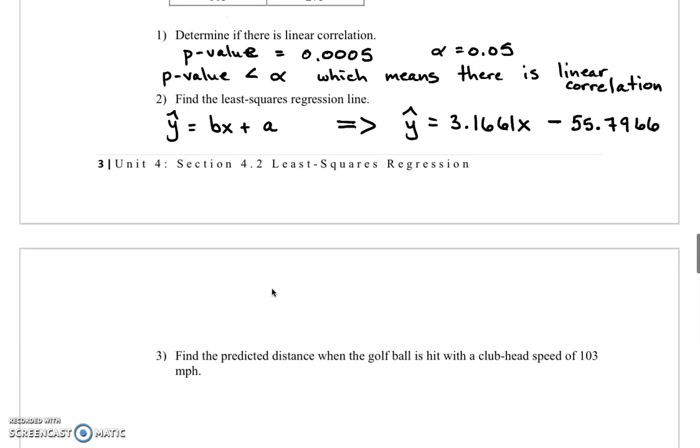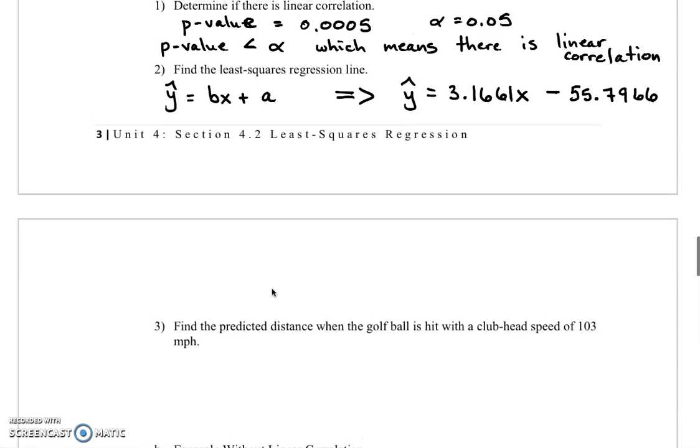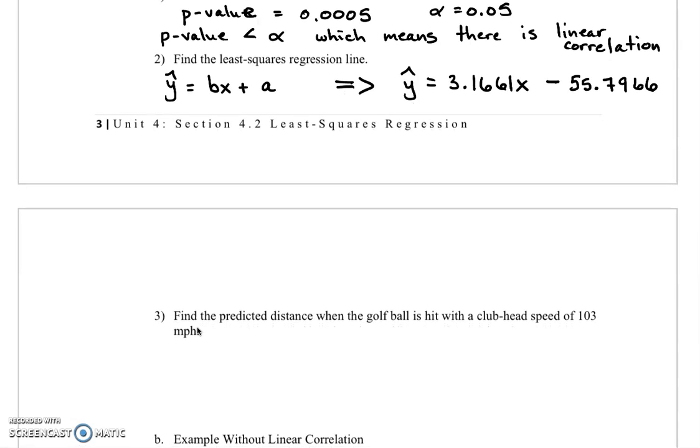So find the predicted distance when the golf ball is hit with a club head speed of 103 miles per hour. We take our equation, since we have linear correlation, and we just plug in 103 for x, and then finish off with the minus 55.7966.